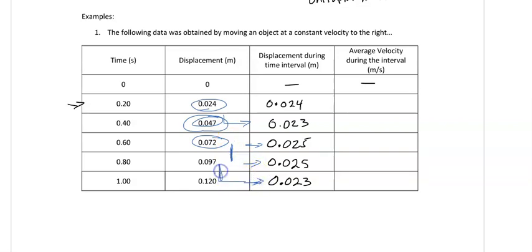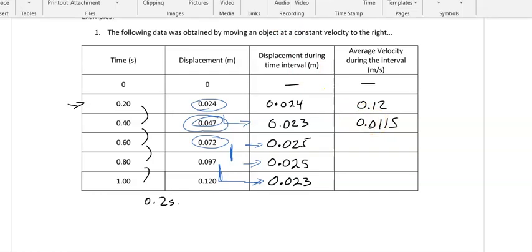To find the average velocity during each of those, we're going to take the displacement at each interval divided by the time of each interval. Each interval here is 0.2 seconds, so we're dividing each of these by 0.2 seconds. So you wind up with an average velocity of 0.12 meters per second, 0.011, sorry, I made a mistake there.